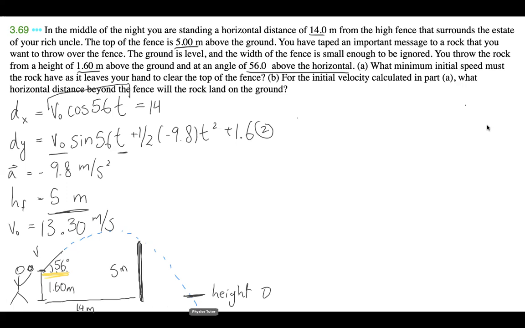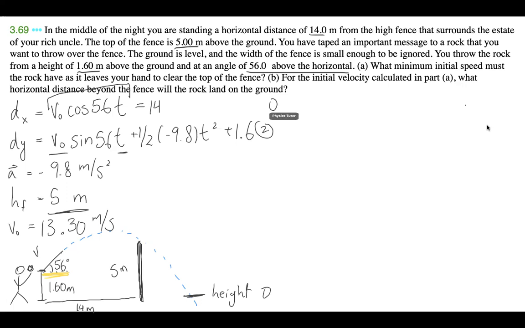So if that was a little bit quick, let's actually do it together a little bit slower and do the calculations as we go. It'll make much more sense. So let's do that. Okay. So we know that the rock is going to land at a height of 0. So let's plug that into our dy equation.